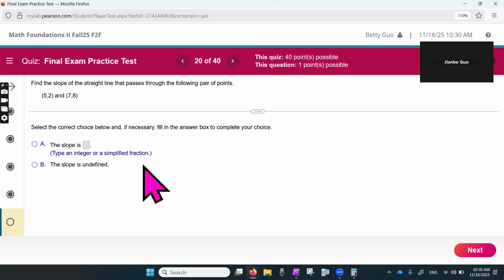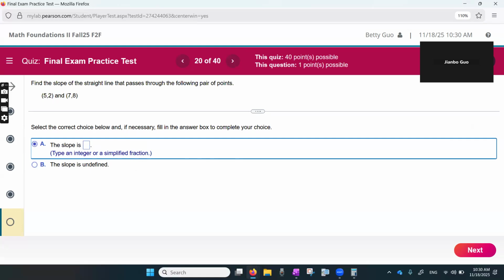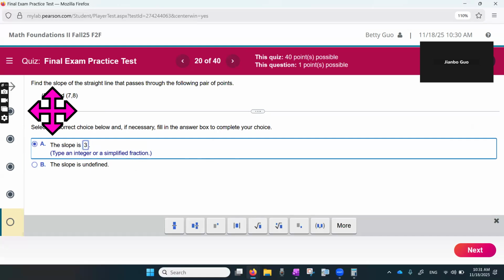Next, find the slope of the straight line that passes through the following pair of points. Okay, select the correct choice below. The slope is going to be 3. Why is that?